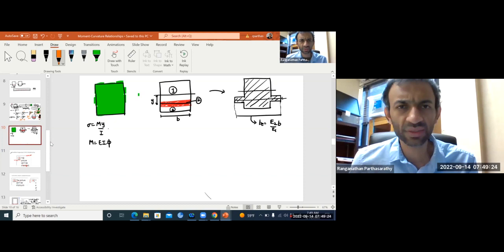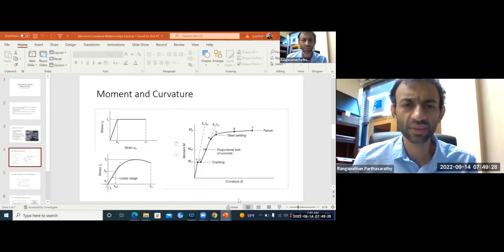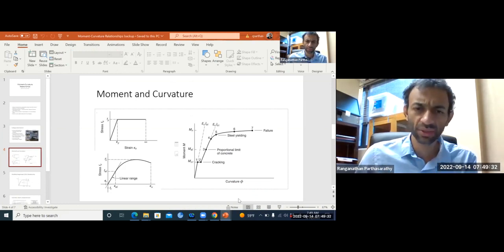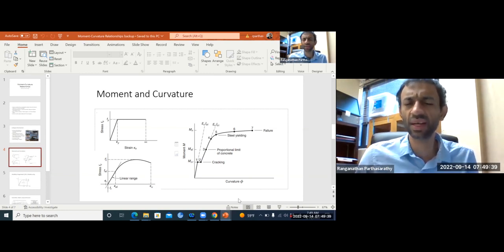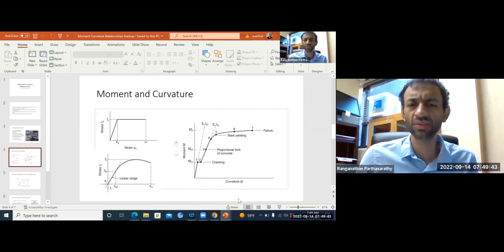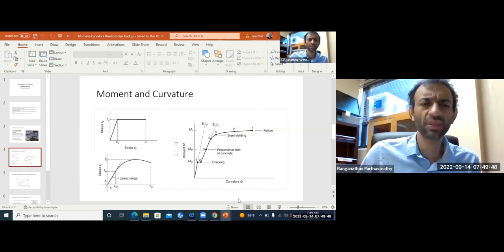Okay, so all this was just to recall equivalent cross-section. Let's come back here. So from 0 to 1, we are going to use the equivalent cross-section, or transformed section. In your code, it is referred to as transformed section. Remember when you did all the calculations, how do you get the effective moment of inertia?